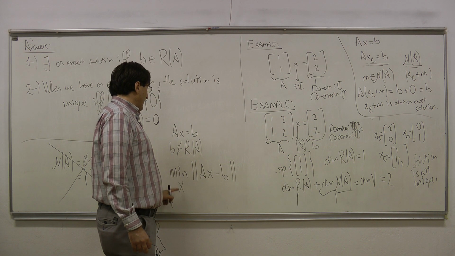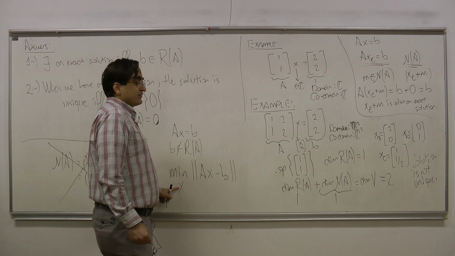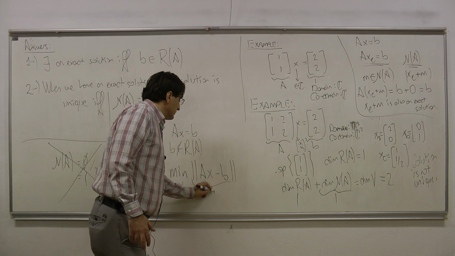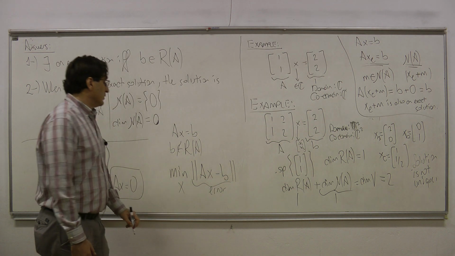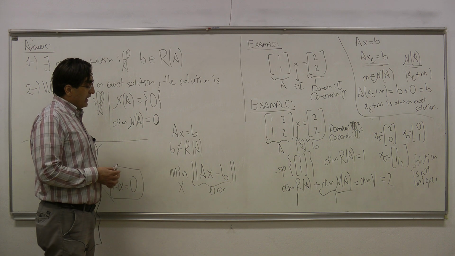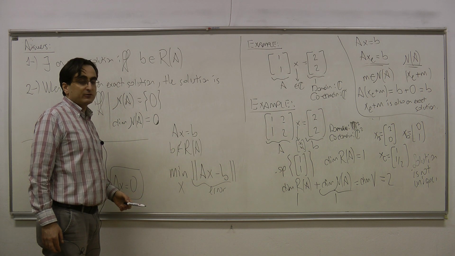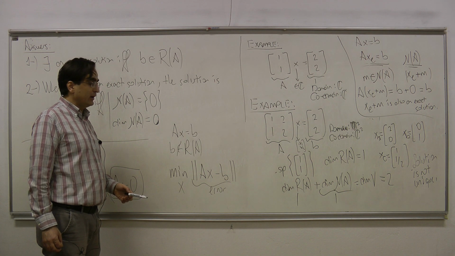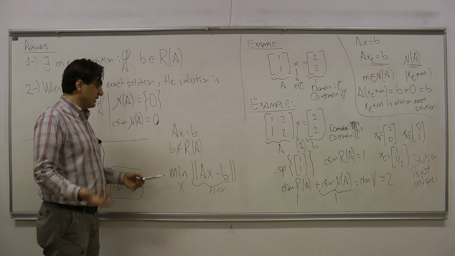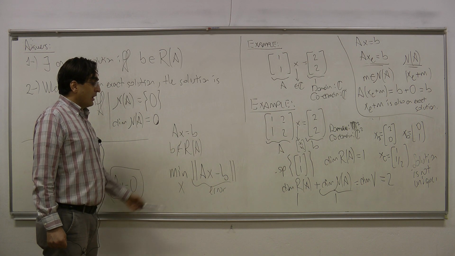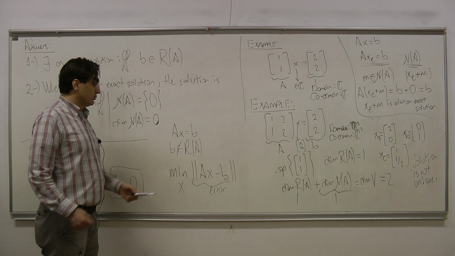We find the x value or x vectors which would minimize this type of error. Okay? In the next part of the course, I'm going to show that such a solution, minimizing this x, would always exist. Okay? And sometimes it won't be unique, but it will always exist. And we are going to learn how we can find such a solution.